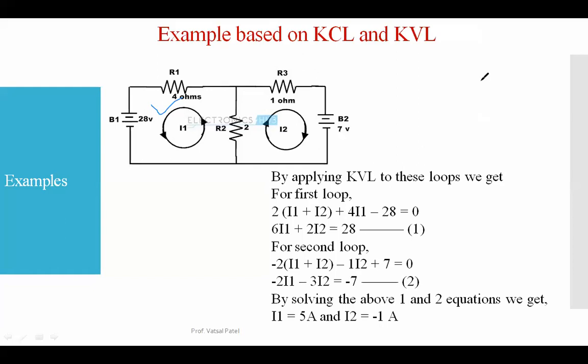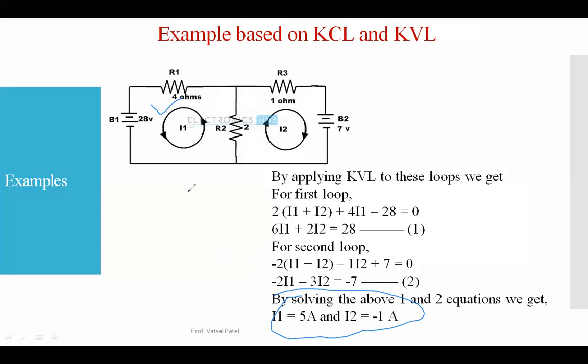Okay, so in this one you can see the first loop is taken anti-clockwise and the second loop is taken in the clockwise direction. Understood? So now you can get the answer as we have predicted.